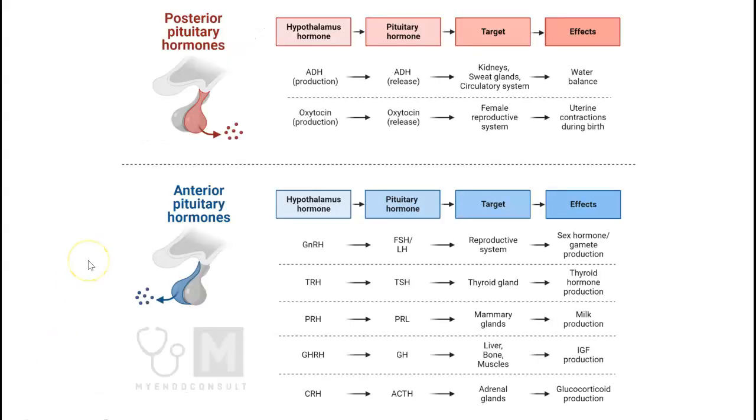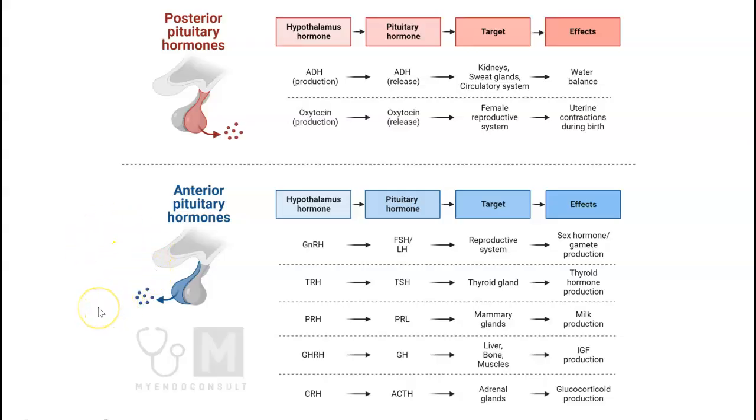One of the things that I put in here is a little summary slide of those posterior and anterior pituitary hormones. You can also see the flow. Remember, it's the hypothalamus communicating with the pituitary, then we're talking about the targets and the effects. This table lists out the posterior and anterior pituitary hormones.